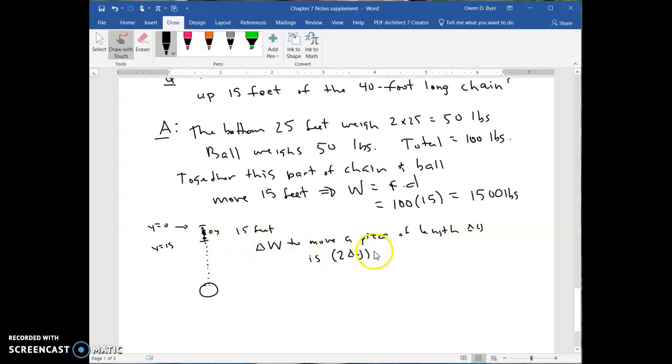So that's the force, and the distance is simply going to be y. Why is that? Well, y equals 0 is at the top, and we have height y here. You could call it y sub k if you want. And so that distance between them is y. So y varies from 0 to 15. Okay, 2y delta y.